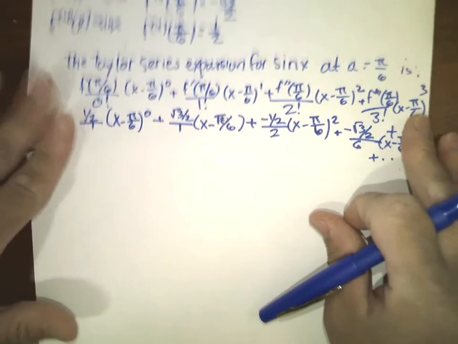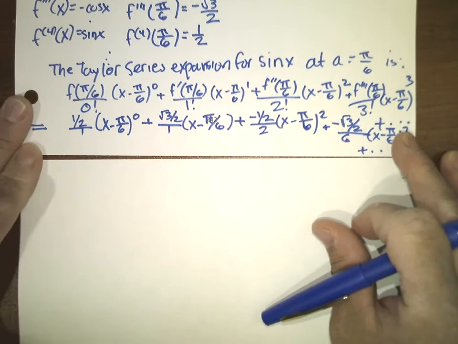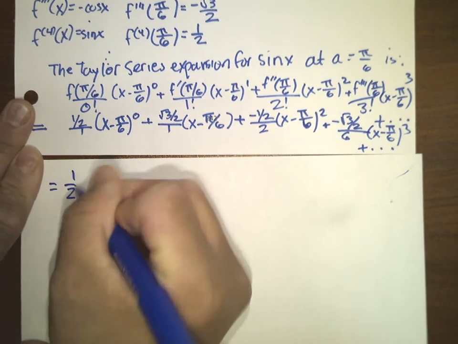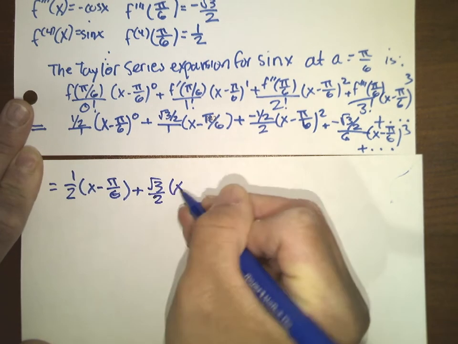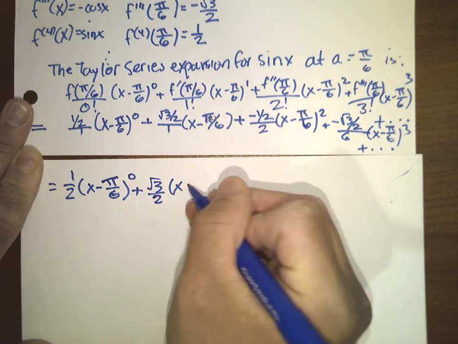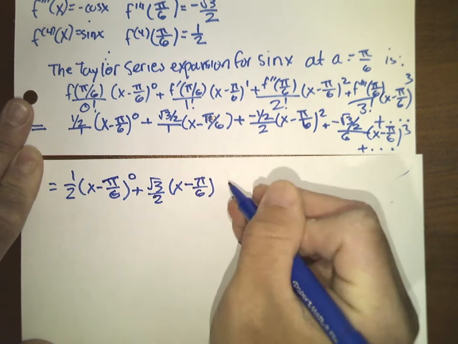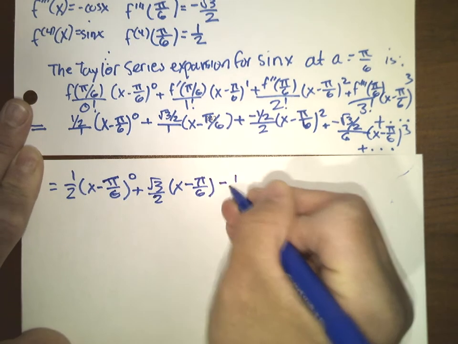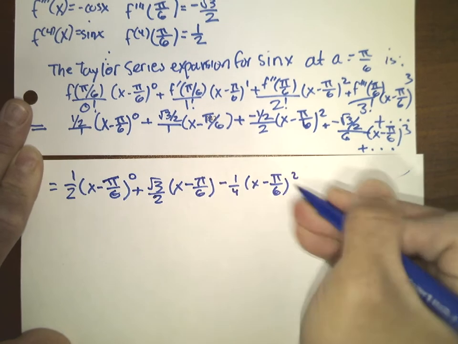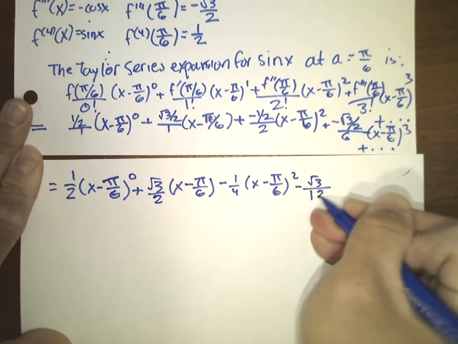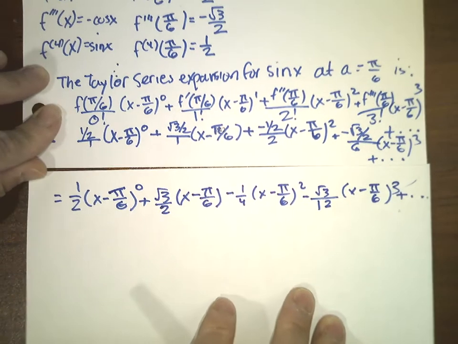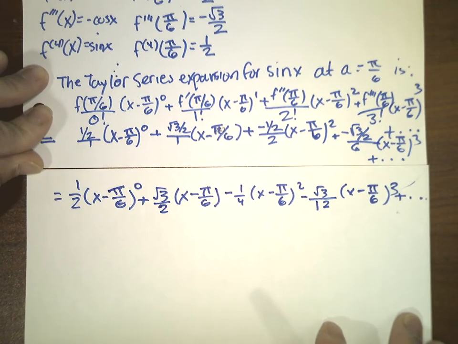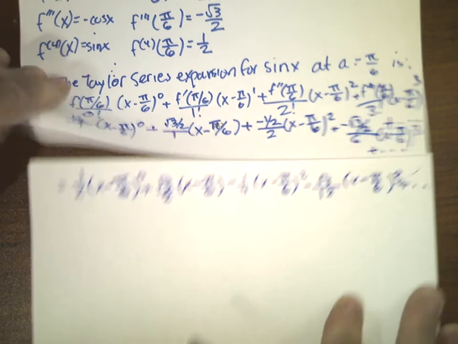If I clean this up a little bit more, then we have a half times x minus pi over 6 to the 0, plus square root of 3 over 2 times x minus pi over 6, and then that will be minus a fourth, x minus pi over 6 squared, and then minus square root of 3 over 12, x minus pi over 6 to the third, and so on. So could you keep on going after this? Probably. So let's maybe do one more step, and then we will be done with this one here.